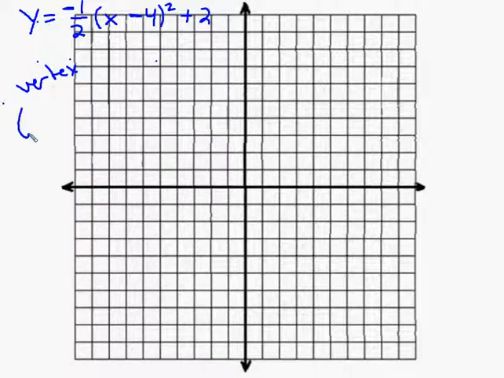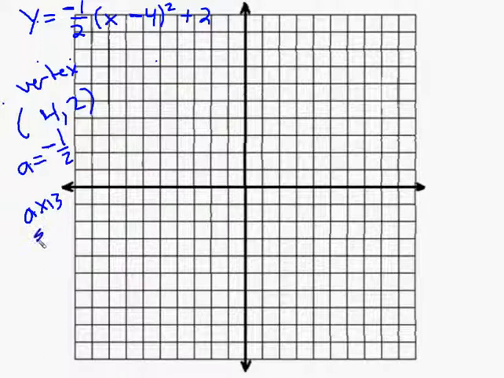Careful, switch the sign on the h. So 4, 2. What would be my stretch? Negative 1/2. And what is my axis of symmetry? X equals 4. So I'm going to plot my vertex 4, 2.